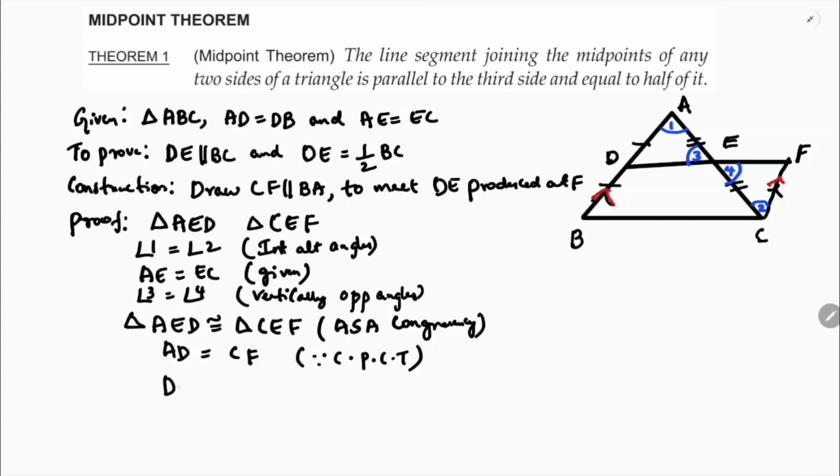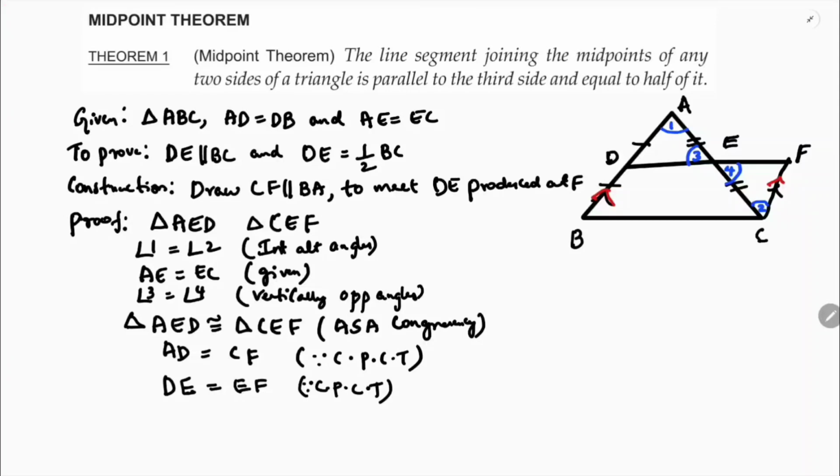And I'll write one more statement which I'll use later: DE equals EF, reason also CPCT.